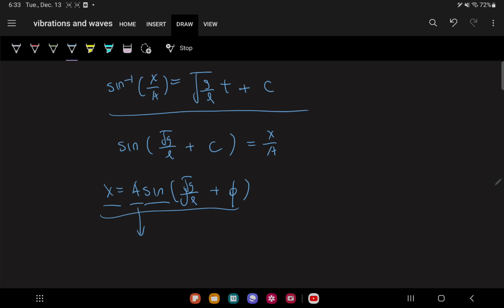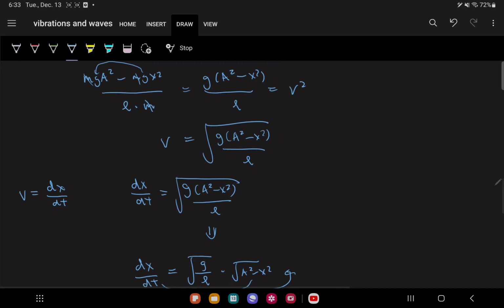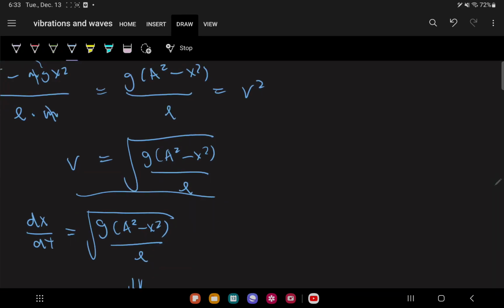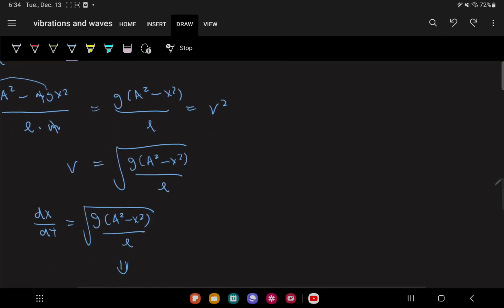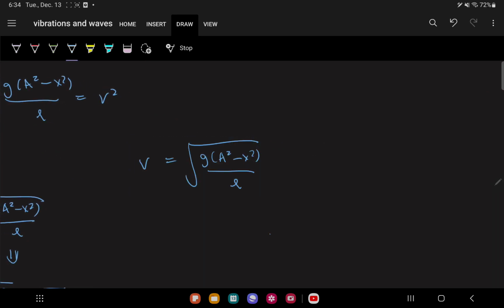Yeah, and I want to go back and look at the equation that we have here. I'm going to move this whole thing out like this. This is pretty important, because this is the velocity of the pendulum, and our variable here is x.